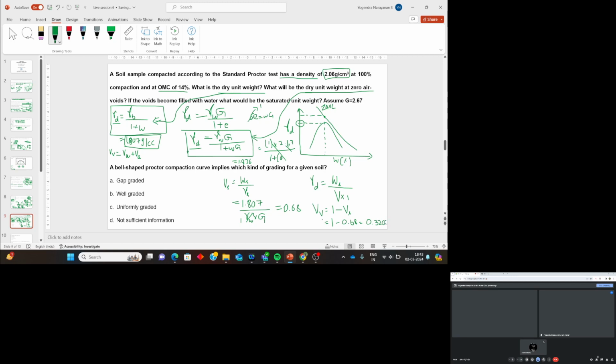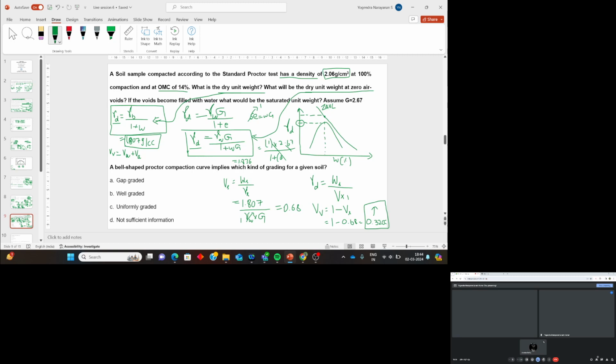Now this is the volume of voids. For saturation, the whole weight of water should be 0.32. Now gamma dry is there.